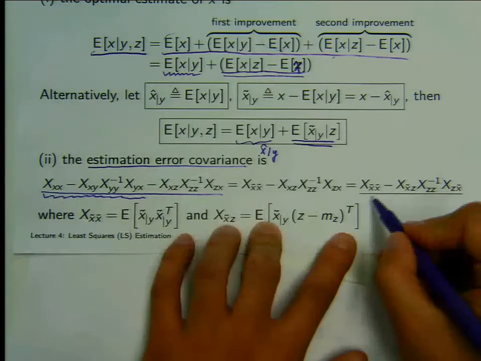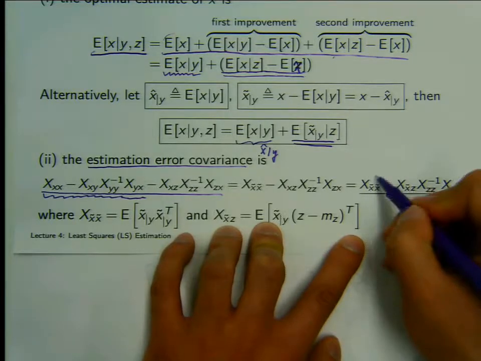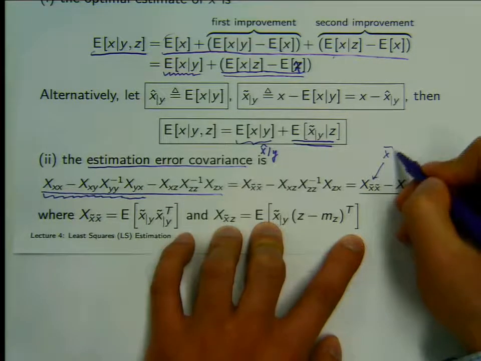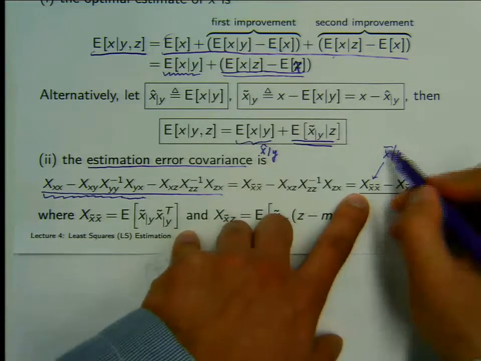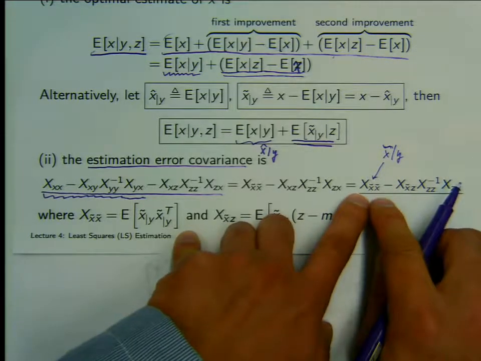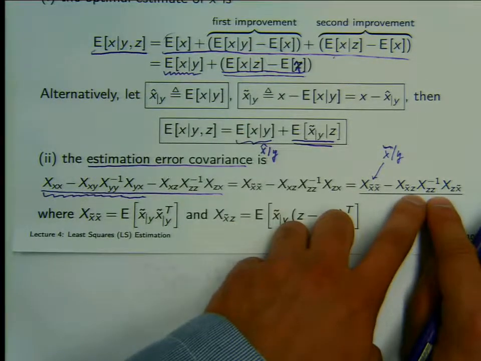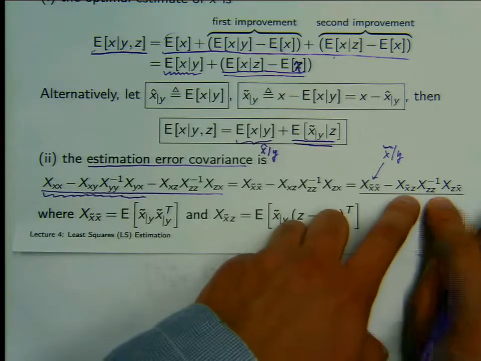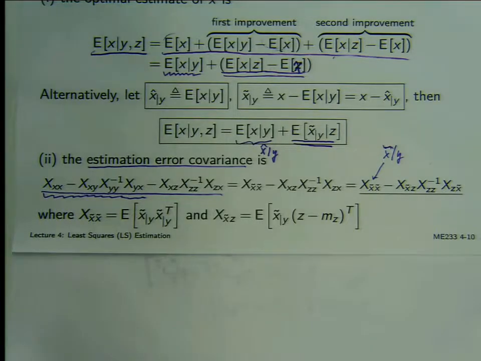The intuition behind this is that this x tilde is x tilde conditioned on y. So this is the residual information after I have used y. Now, this is the additional information if I have z. The picture is here.